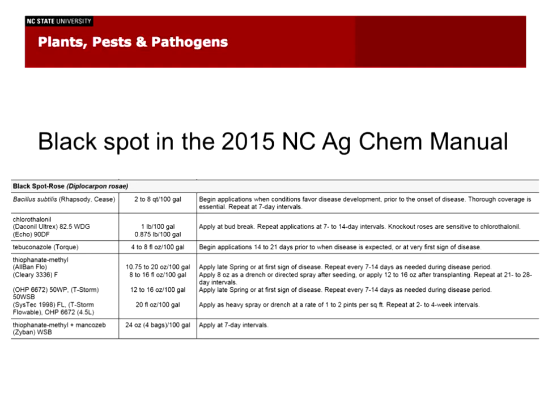We're out of time here, but the 2015 NC Ag Chem Manual in this table is the same as the 2016. It was not revised this year. Now that we have a new plant pathologist on board with responsibility for ornamentals, look for updates in the 2017 Ag Chem Manual. But in the meantime, here are some of the recommendations.